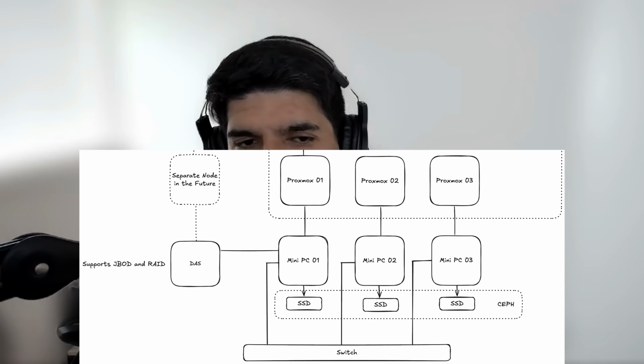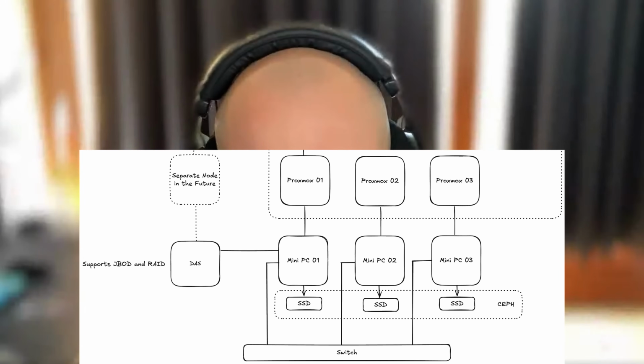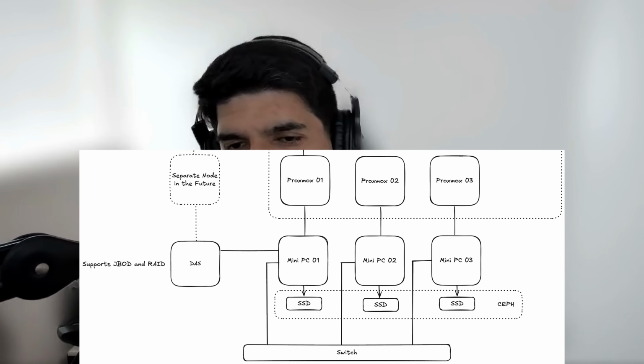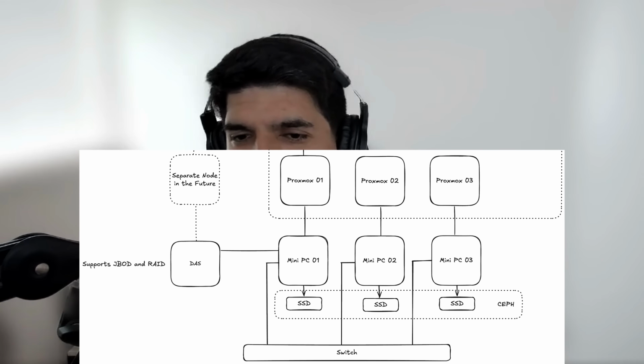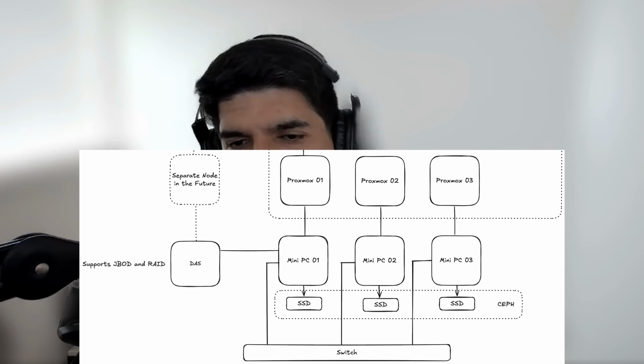Because I wanted my virtual machines to have high availability, I installed Proxmox on each of the nodes, and then created a Ceph cluster with all of them, so that there's shared storage for running virtual machines off of these machines.